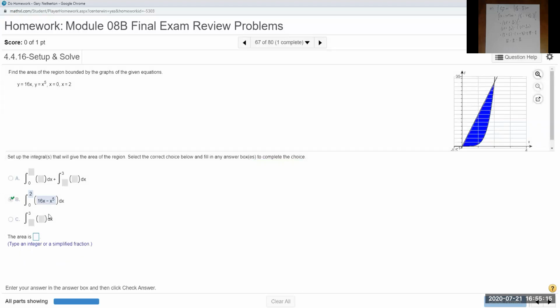And now we actually have to work out this problem. So let's write this down. This is problem 67. So the integral from 0 to 2 of 16x minus x to the 5th.